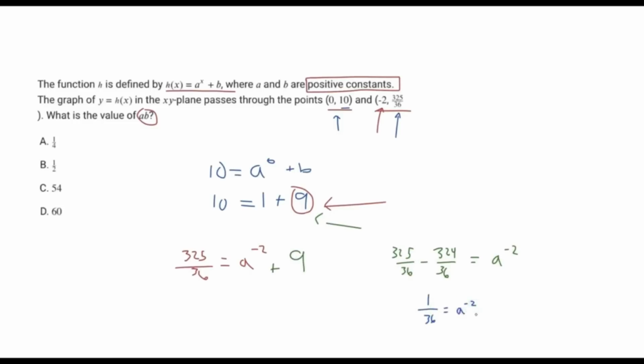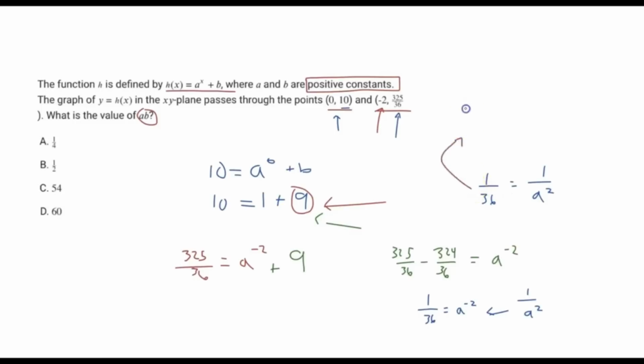And you can plug this into Desmos and solve it, but here there's just exponent properties. So a to the -2, that is the same thing here as just 1 over a to the power of 2. And so because we have 1 over 36 equals 1 over a to the power of 2, what we can do here is just disregard everything on top because we can take the reciprocal of both sides.